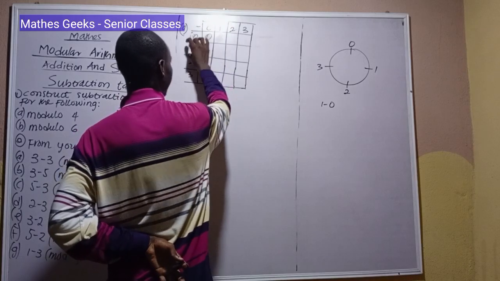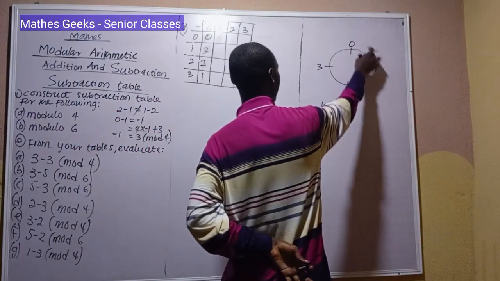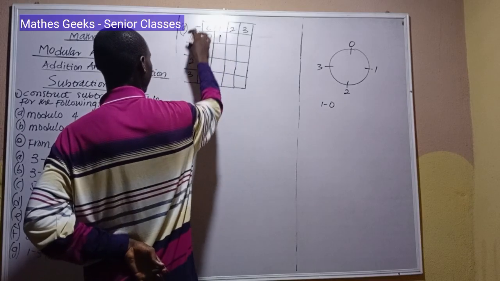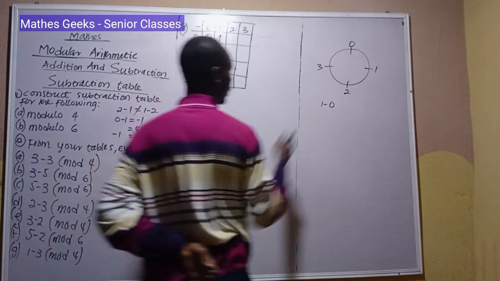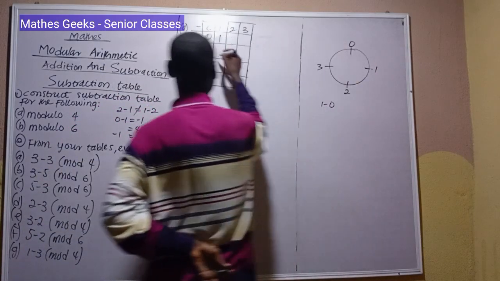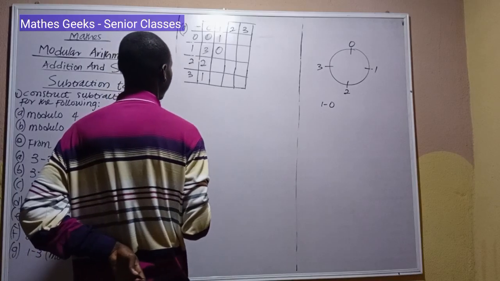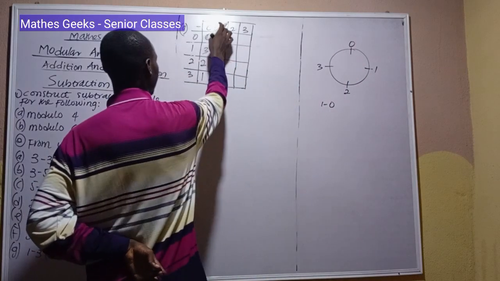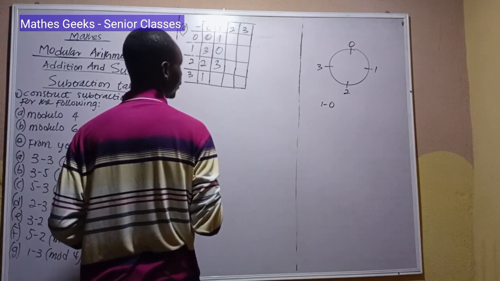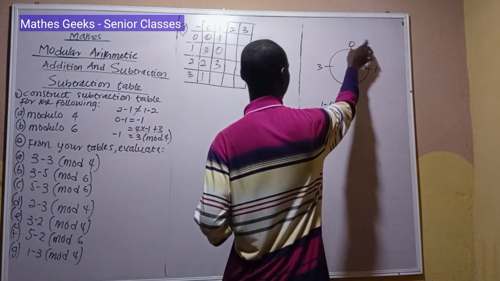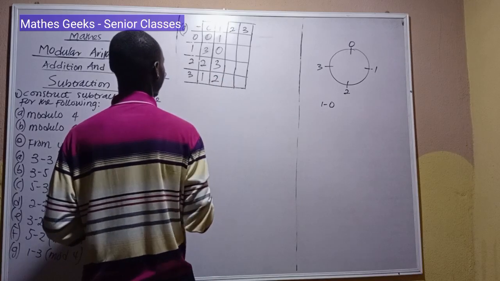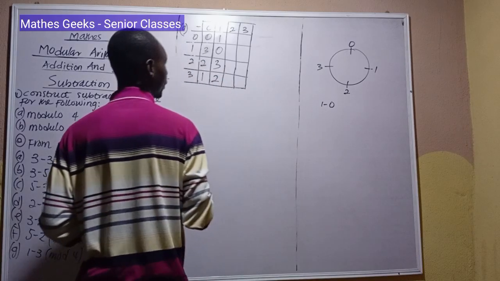Then 1 minus 0: start at 1, move 0 times, so it will be 1. 1 minus 1: start at 1, move once. That will be 0. 1 minus 2: start at 0, 1, 2. That's 3. 1 minus 3: start at 1, 1, 2, 3. That's 2.